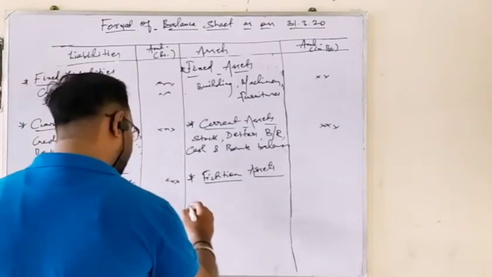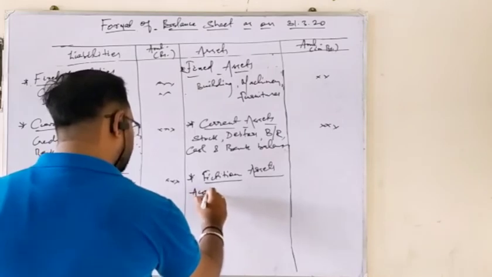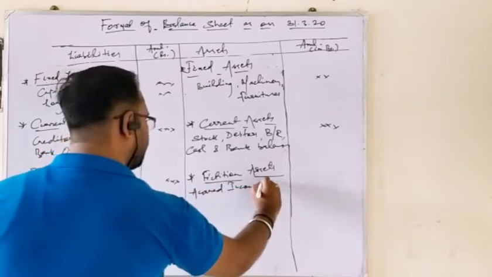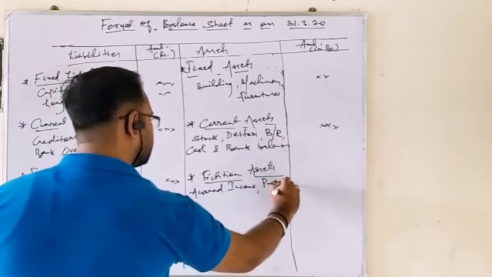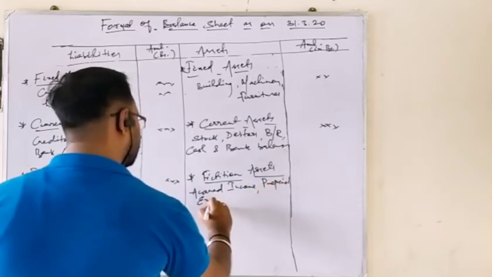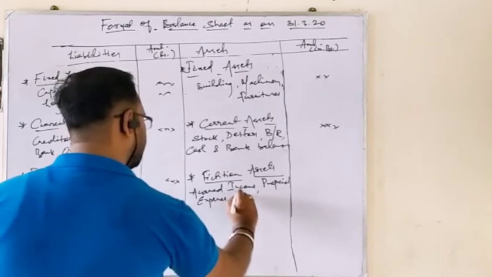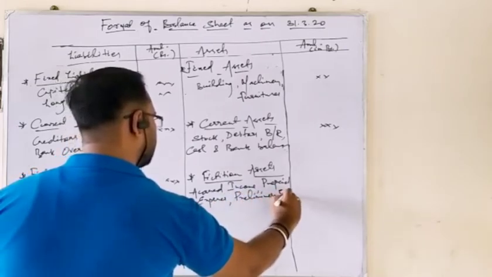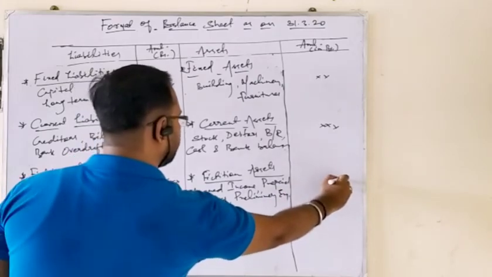Opposite of the fictitious liabilities, that is accrued income, prepaid expenses, preliminary expenses. So these are your fictitious assets.